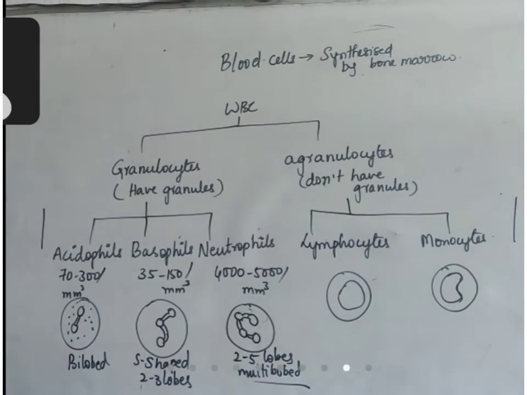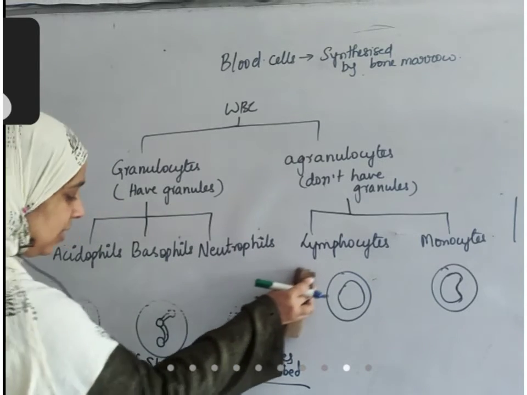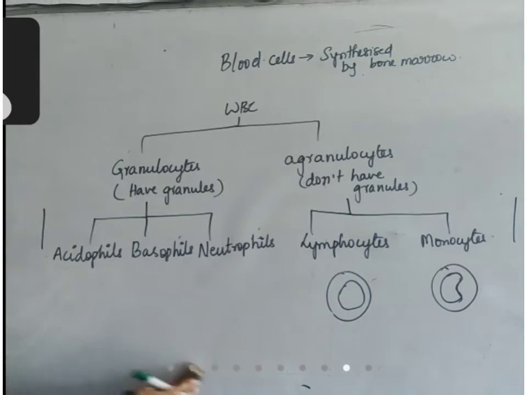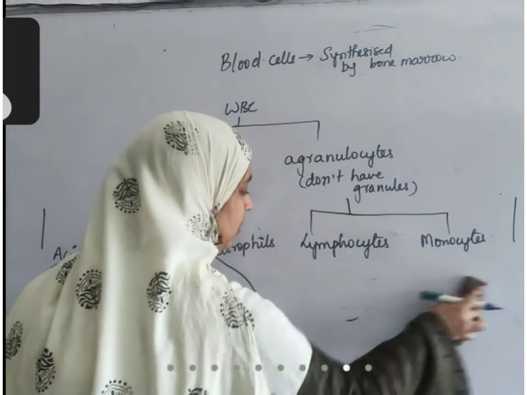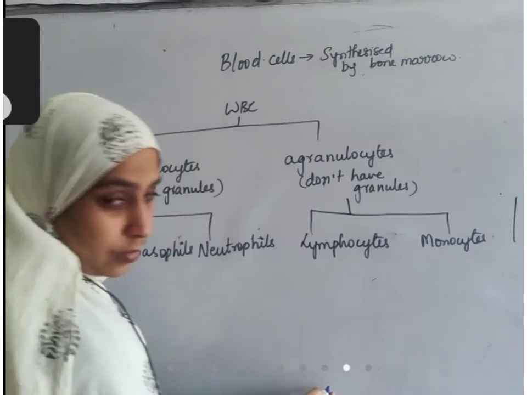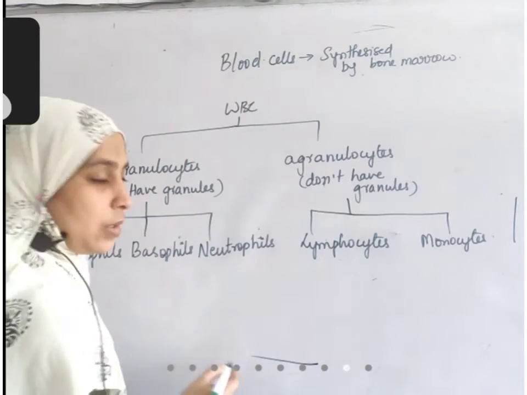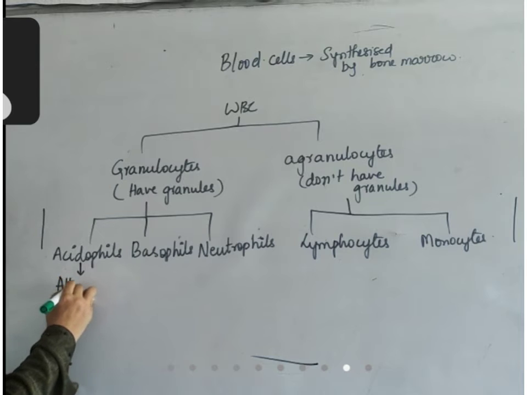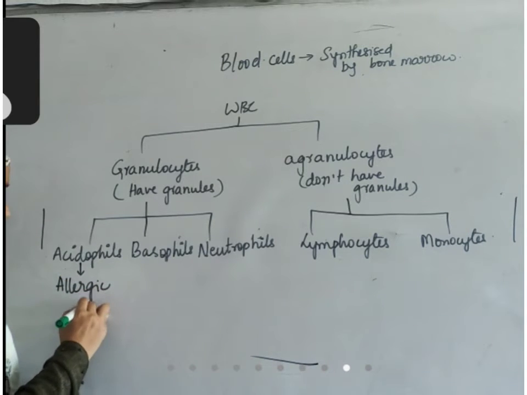Okay. Now let us see the function of acidophils, basophils, neutrophils, lymphocytes, and monocytes. Acidophils are helpful to produce allergic reactions.